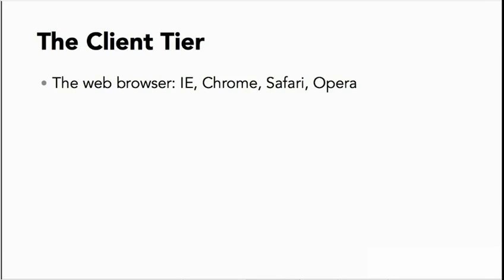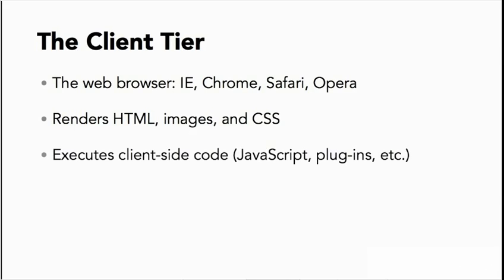The browser sends requests to the server, and then receives and renders HTML, images, and cascading style sheets. All modern web browsers can execute client-side code such as HTML markup and JavaScript code. And in many cases, they can run applets in plugins such as Flash Player, Silverlight, or Java.